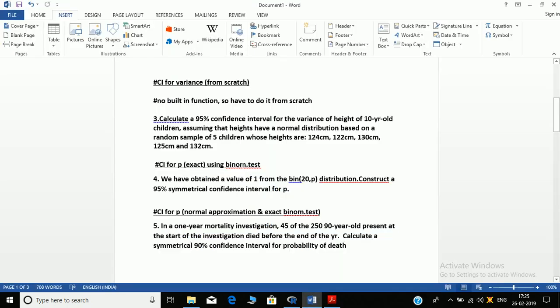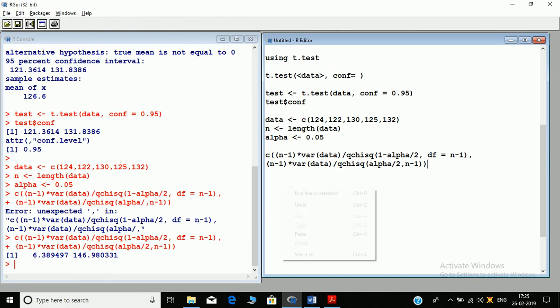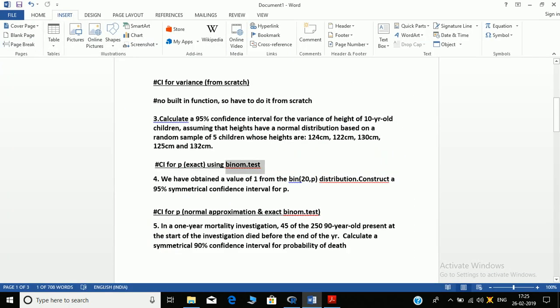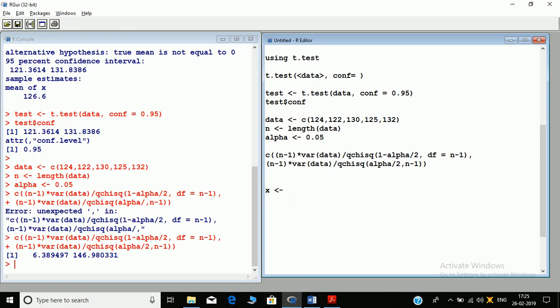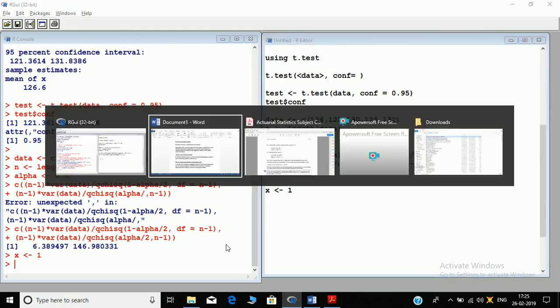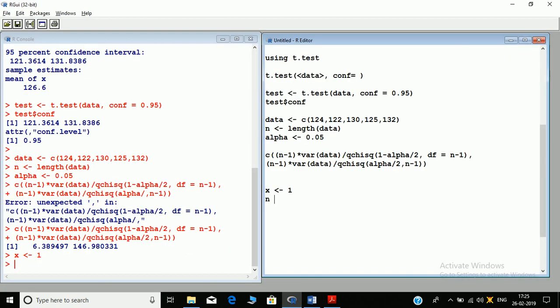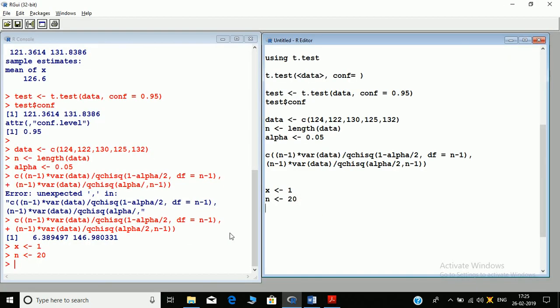I already told you we'll use binom.test. First, x is given to us as 1, the value of 1 is obtained. n is 20. What does the binom.test syntax look like?